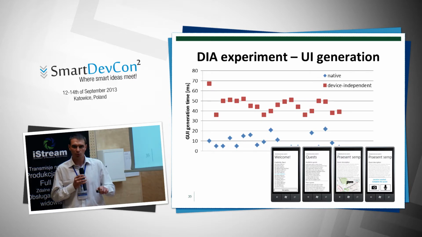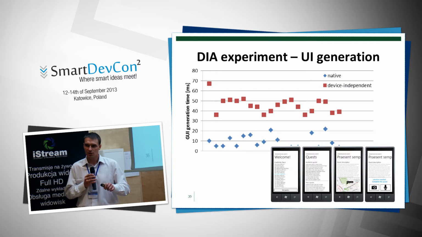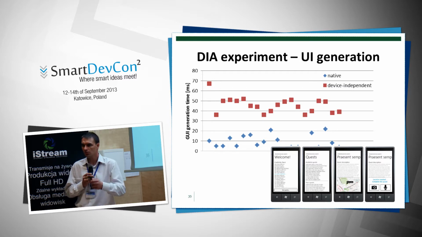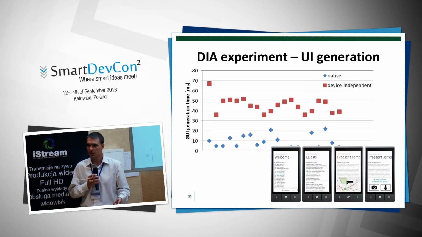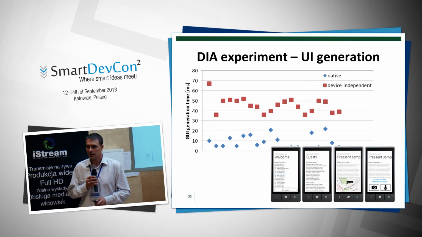And the amount of data you have to exchange between the server and the device is not that big actually. Because when you use an application which relies on data provided by an external server, you have to download the data, analyze it, and show it. If you have a device-independent architecture, all the data processing is done on the server side, and you only download the image of the UI, actually, in this case.